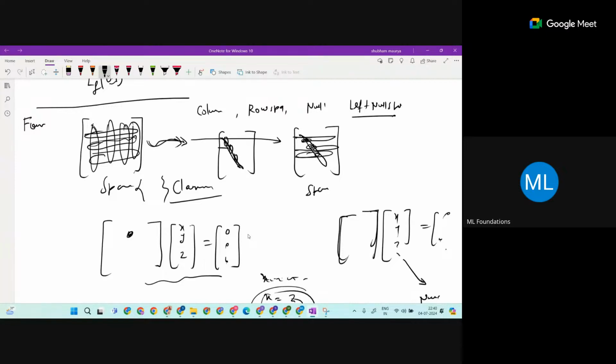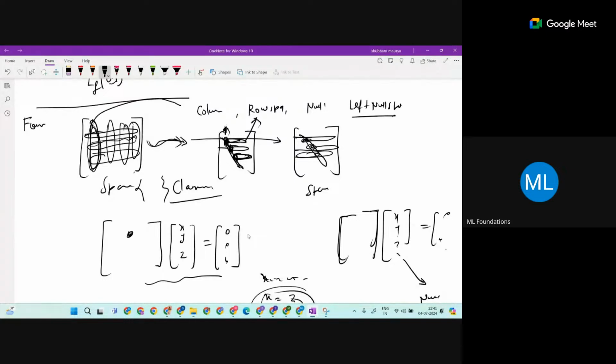See, in row echelon form, where the pivots are coming, those vectors are going to be the basis of the row space. But in column space, suppose you get a pivot in this column, it means the first column is going to be the basis.